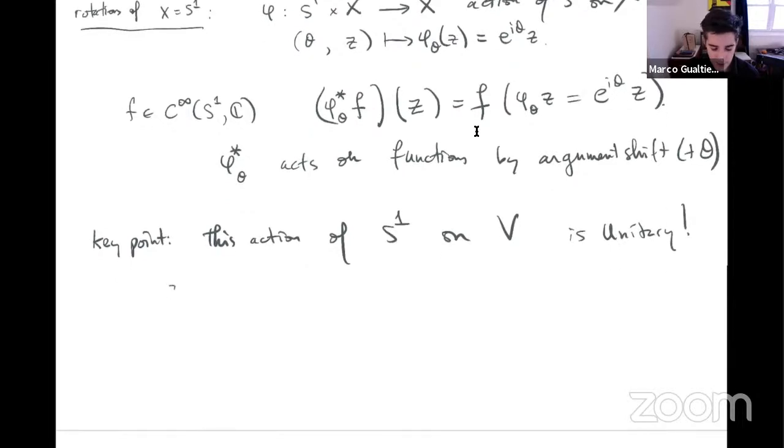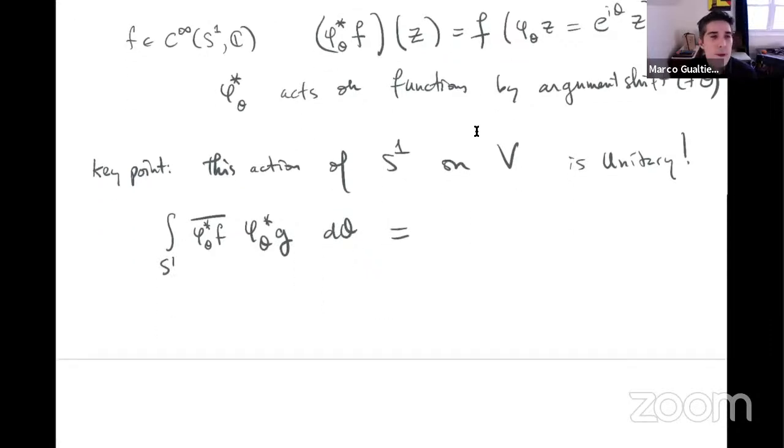Why? Because if I integrate φ_θ* F bar φ_θ* G dθ, all I'm doing is shifting the argument of both of the functions. So it's really just an integral over S1 of F. I need a dummy variable. Let me call it θ tilde.